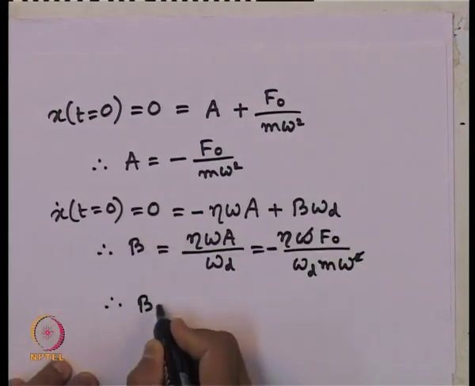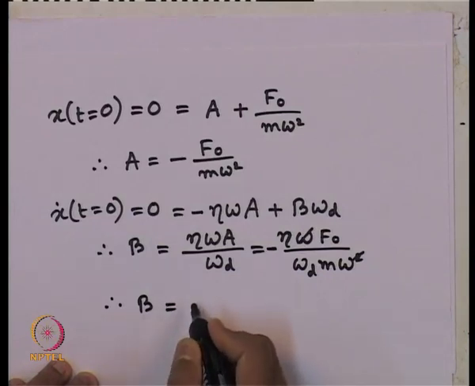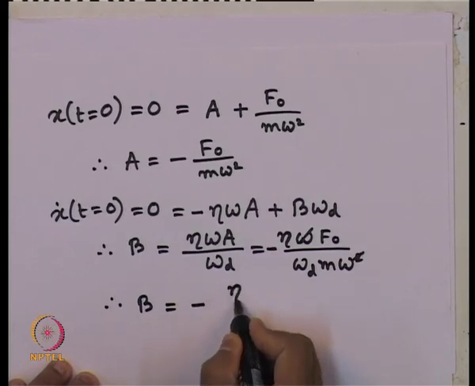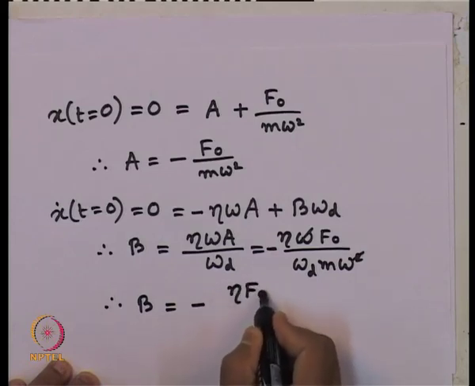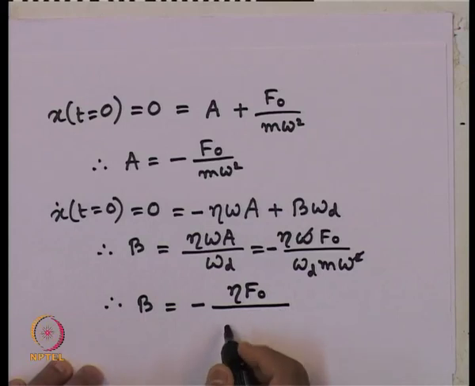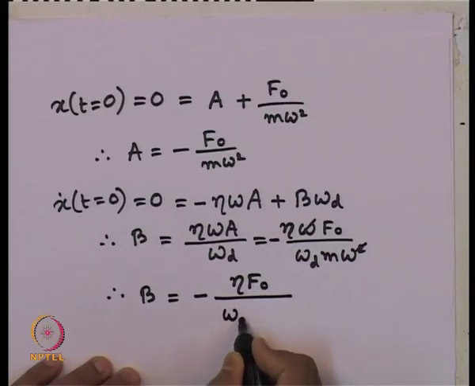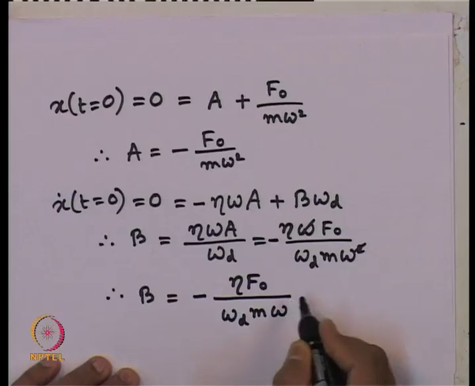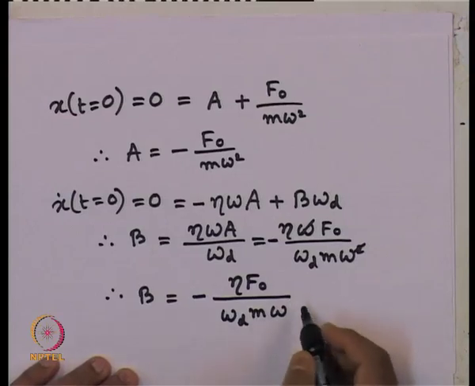Therefore, b is minus eta f naught by omega d m omega. So, if we simplify this, what will we get?